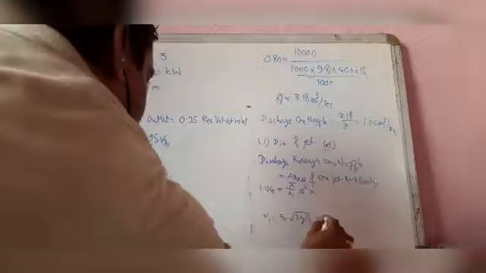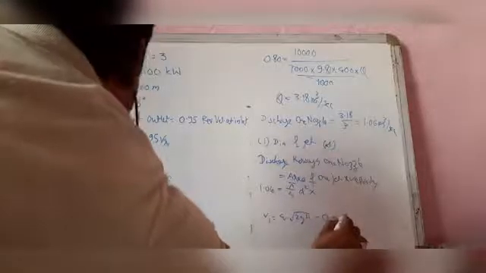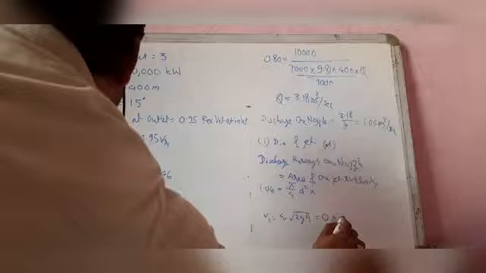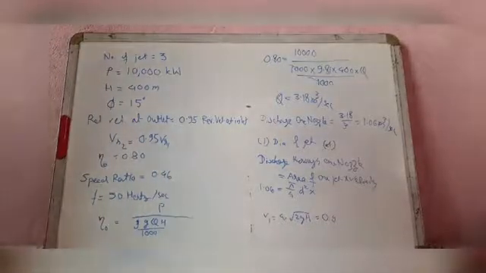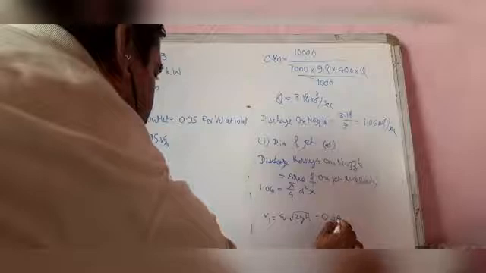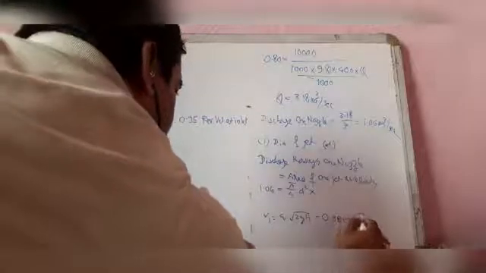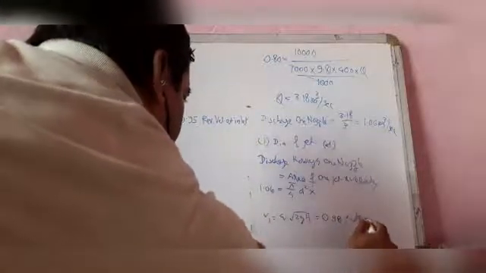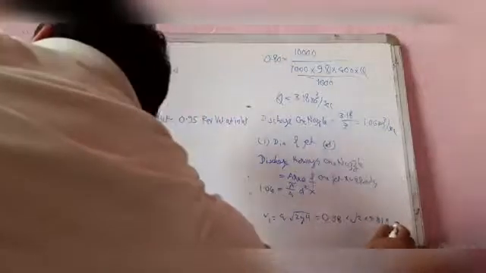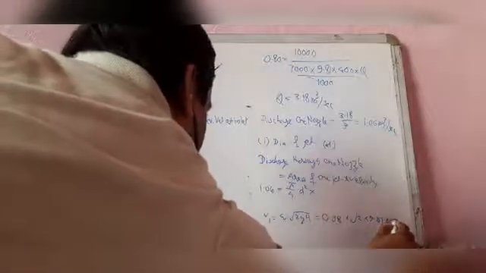So this is 0.98 into root 2 into 9.81 into 400.